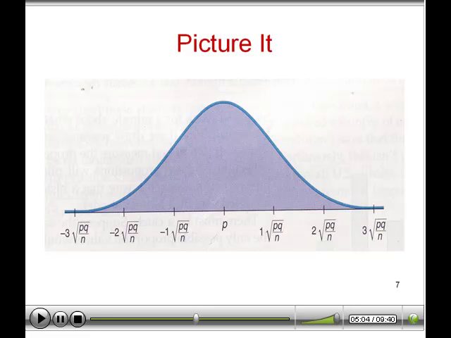So here is a picture of what the sample proportions look like. It is centered at P, the true proportion, and if we go 3 standard deviations on either side of this center, we capture 99.7% of the sample proportions.